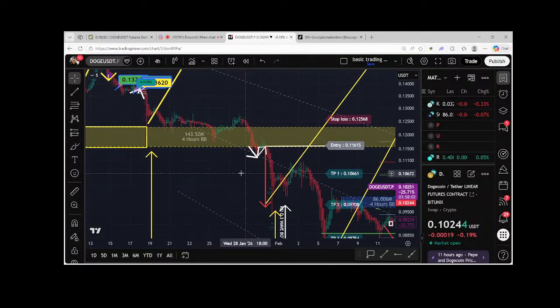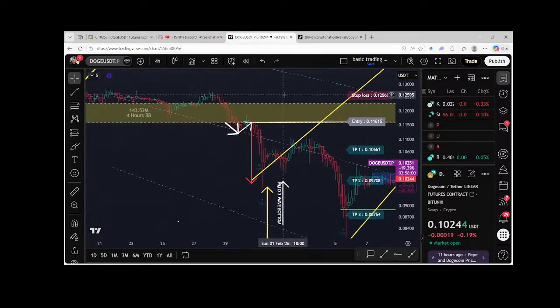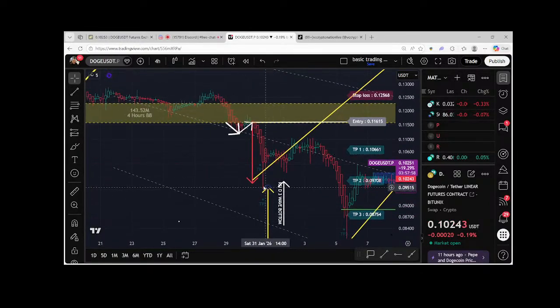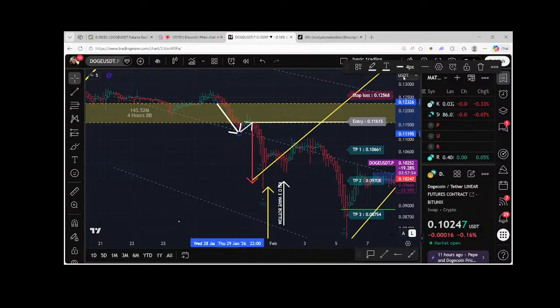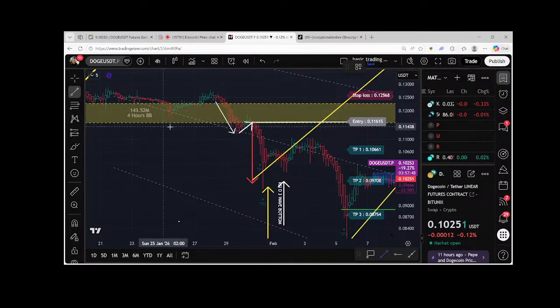Now, in this particular situation, right before this move comes in, we do see a pull down that happens and breaks through the support right there.